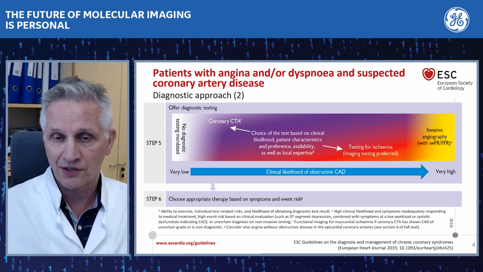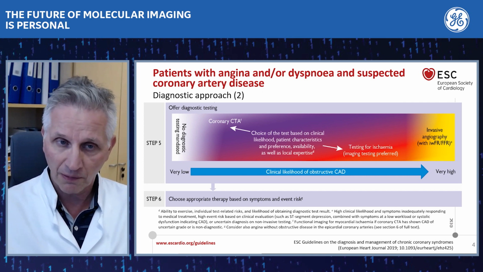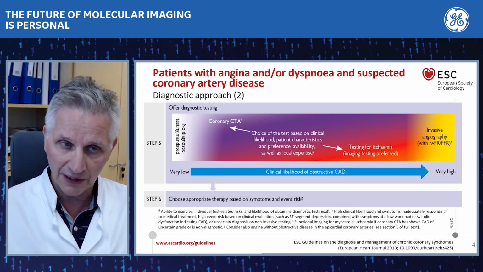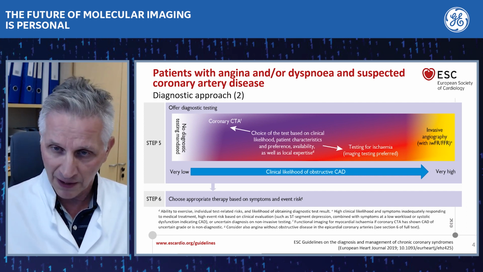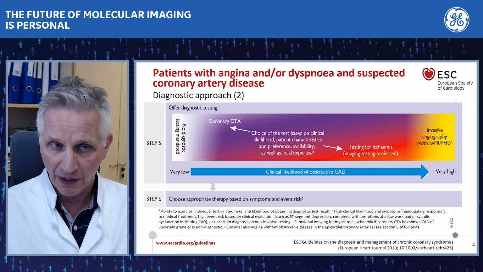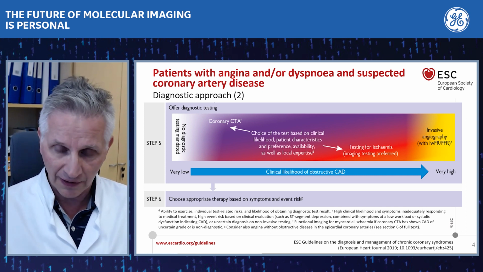The main message is still the same, that after evaluation of the pretest probability or clinical likelihood of the disease, then the testing is recommended to be non-invasive when the likelihood is intermediate.